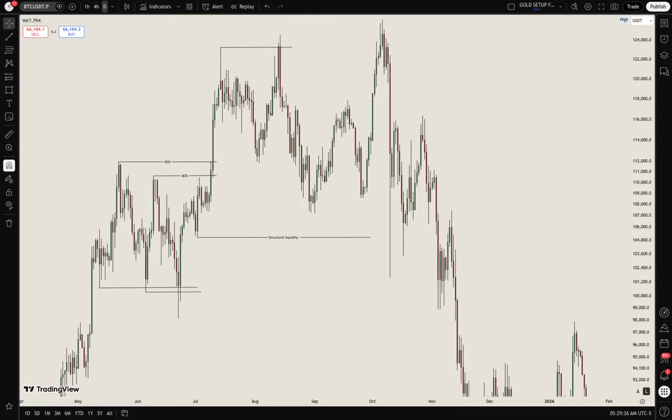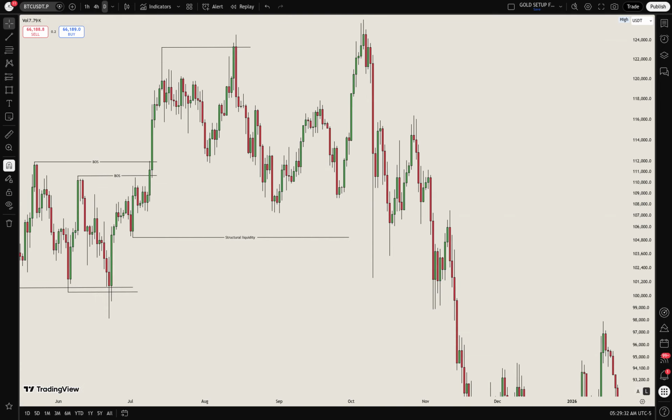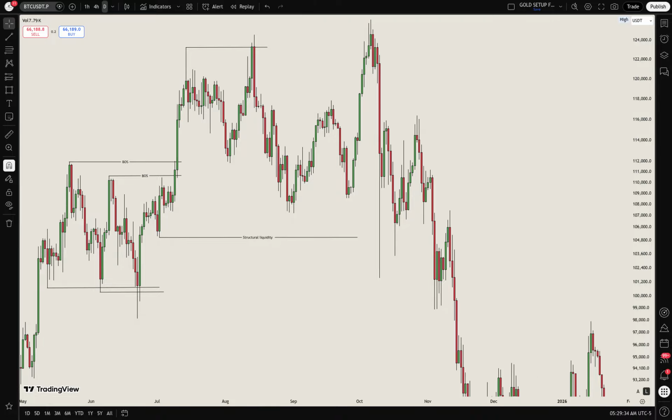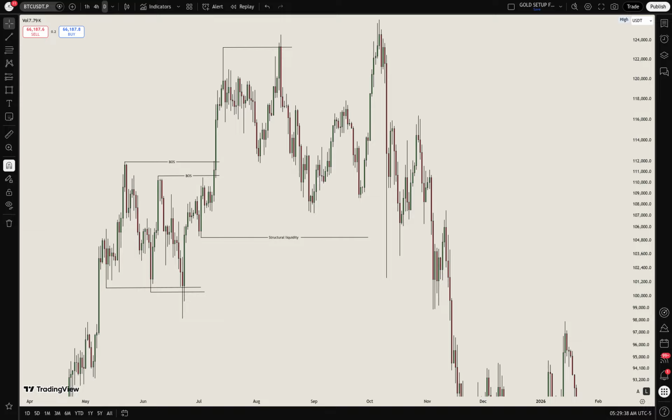Now we move to the next. We now see that market broke structure twice. Actually, here market broke structure twice, but a clear example of this trade is that the trade actually failed. And why did it fail?